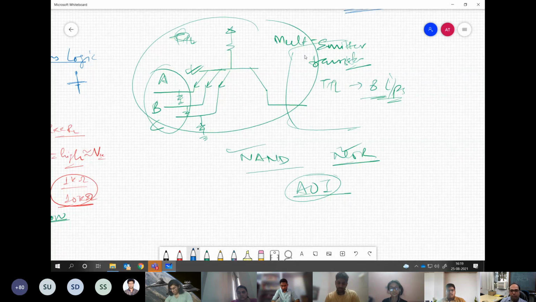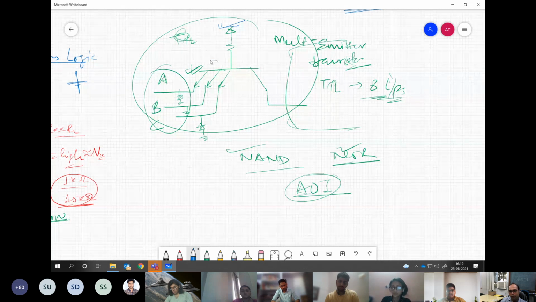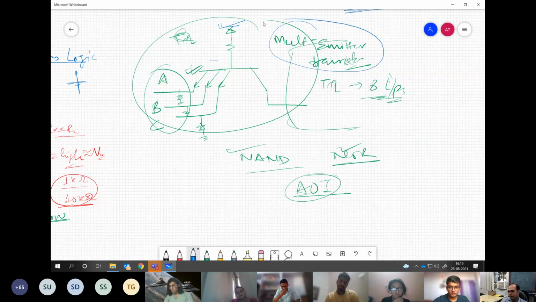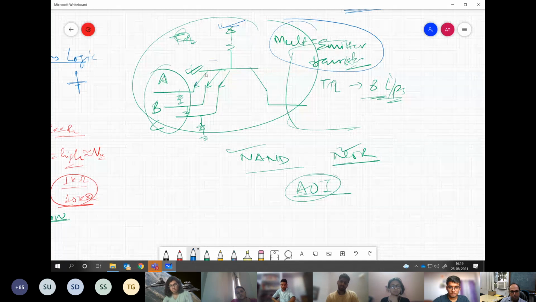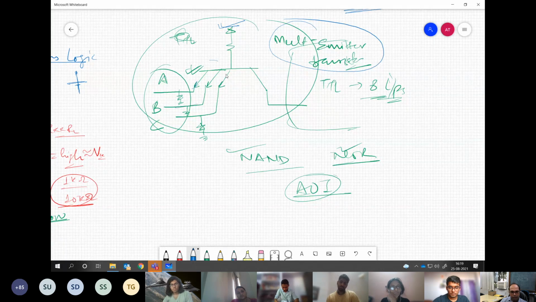Okay, so now we have also discussed that this transistor has certain special properties, that if we want to have more inputs, this can be accommodated in the form of a multi-emitter transistor. So you can connect more inputs to the different emitter terminals available at this transistor.